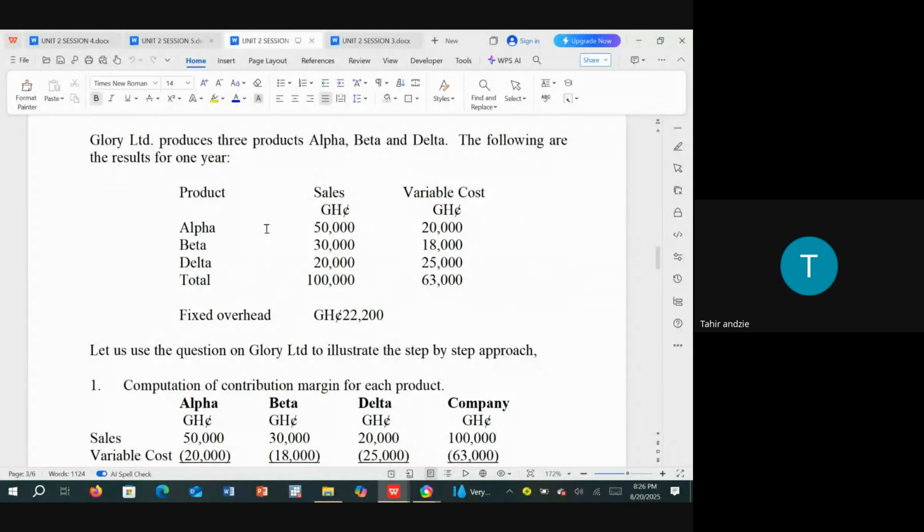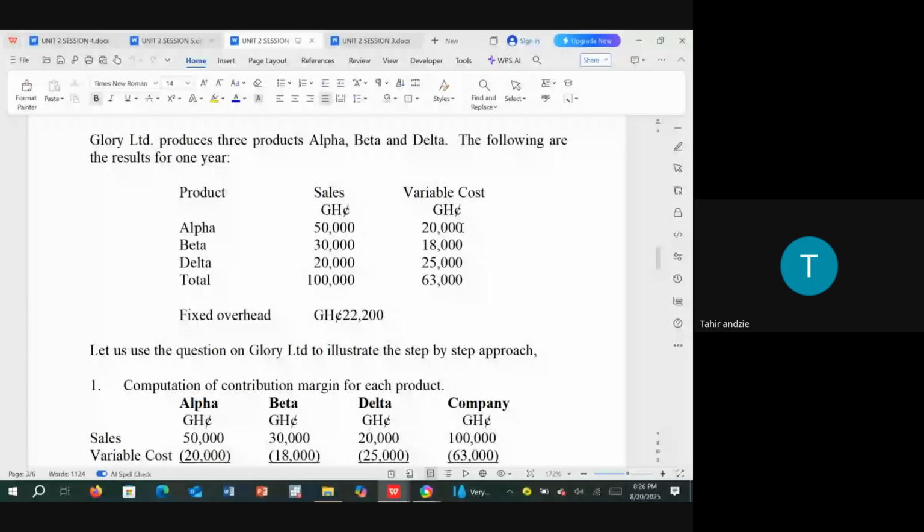Some questions will give you sales in units and the selling price and the variable cost per unit, so you can easily get the contribution per unit using the unit basis. But here you have been given sales revenue, which means the selling price times the quantity sold is what I've been giving you here. And then you have the variable cost for each product.